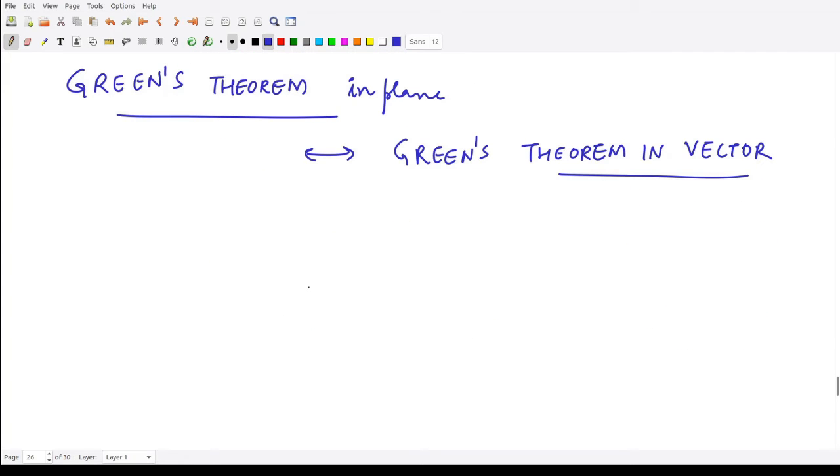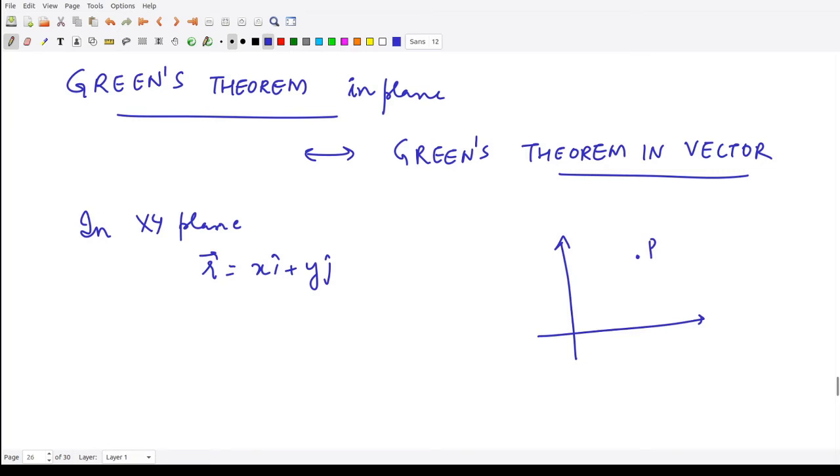So for doing that, in the xy plane, if I define the vector r to be x i cap plus y j cap, because we are now in the xy plane. So the position of some point P having coordinates x and y would be given by the position vector r, whose components would be x i cap, because in this direction we have unit vector i, here we had unit vector j, plus y j cap.